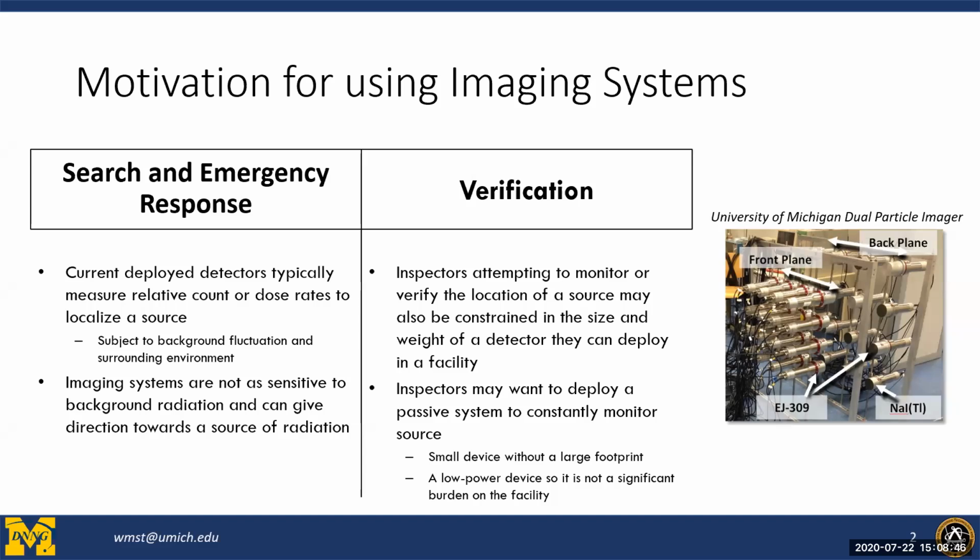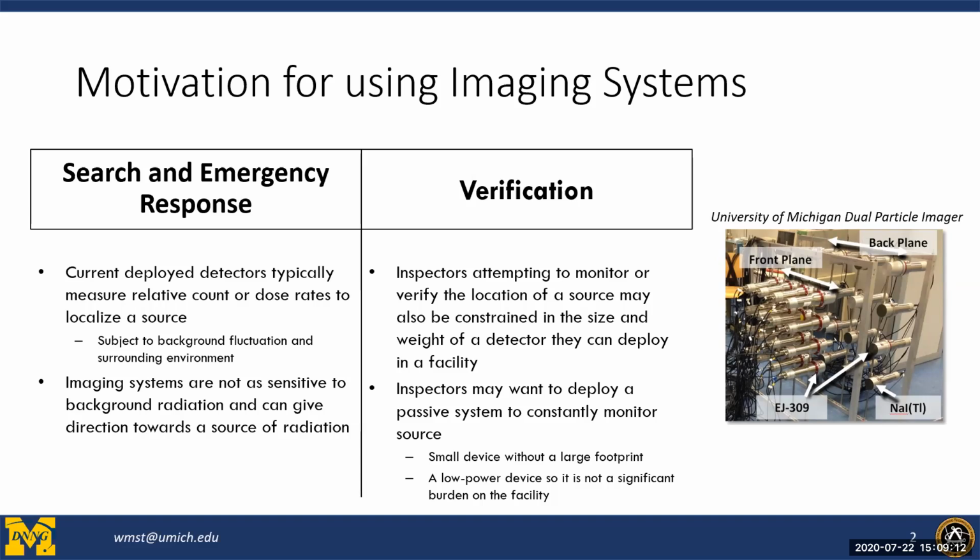And because the count rates were so sensitive to the position of the detector, they had difficulties validating if they were actually in line with the source, what kind of source, things of that nature. They could theoretically use an imaging source, and specifically a neutron imaging source would work very well, such that you can image the source and you constantly have a localization of that given source so that you know that it's always there.